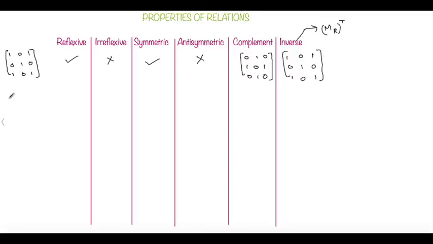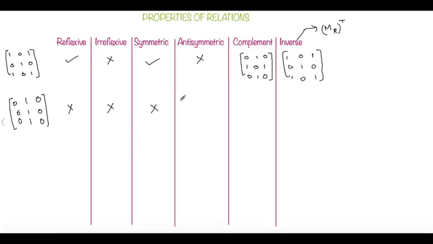Okay, so now let's have another example here. We have 0 0 0, 1 1 1 and 0 0 0. Is it reflexive? It's not, because all of them are not 1. Is it irreflexive? It is not, because all of them are not 0 either. Is it symmetric? No, it is not symmetric.